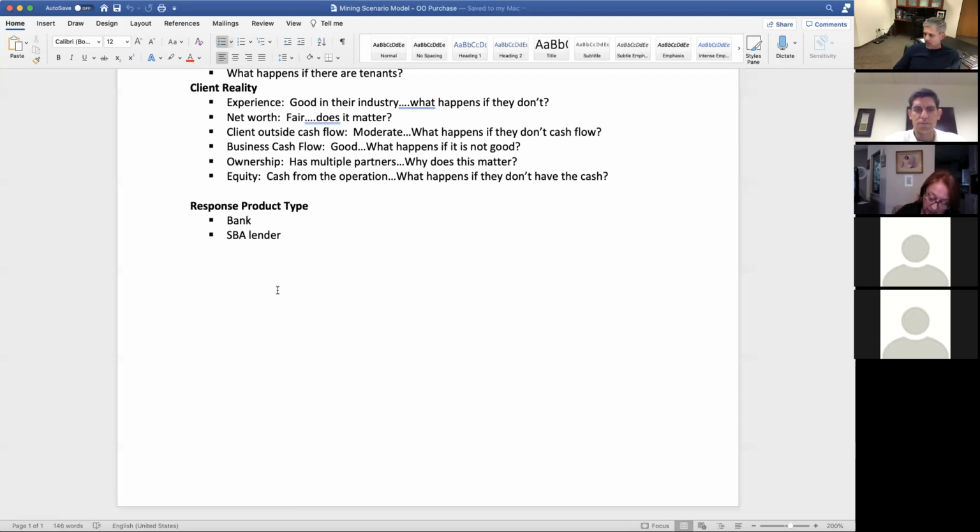So you say, what the heck is that? Well, you take their net cash flow, which is essentially their net income, you add back depreciation, you add back rent if they're going to replace the rent, and you add back interest expense and any non-recurring expenses. That gives you net cash flow.